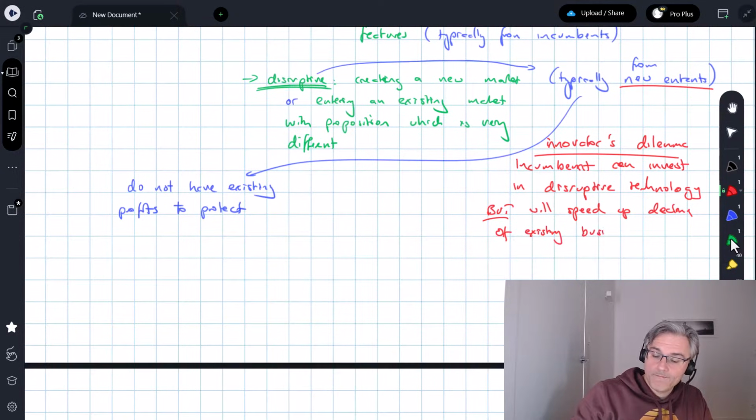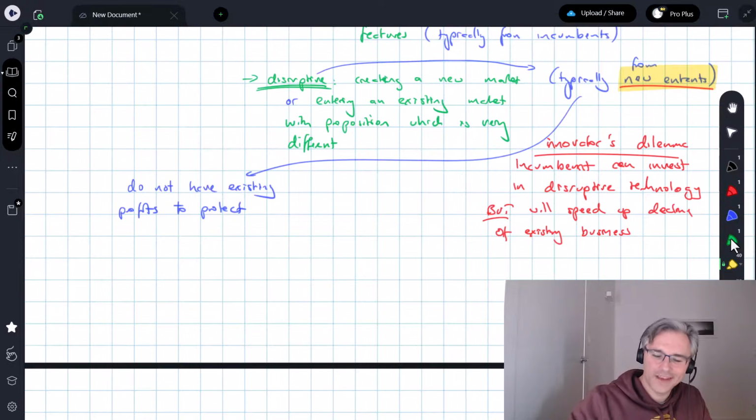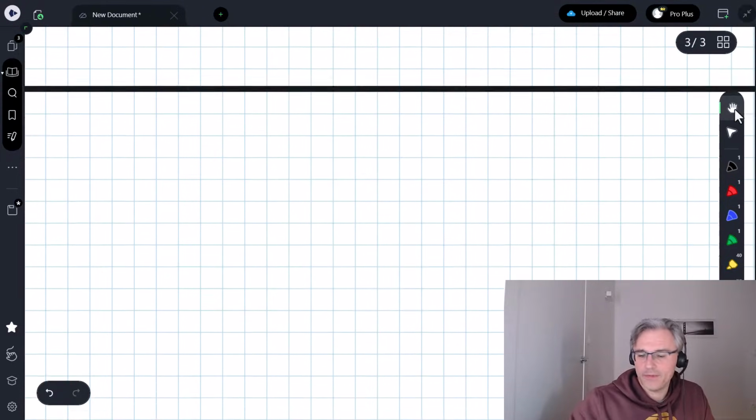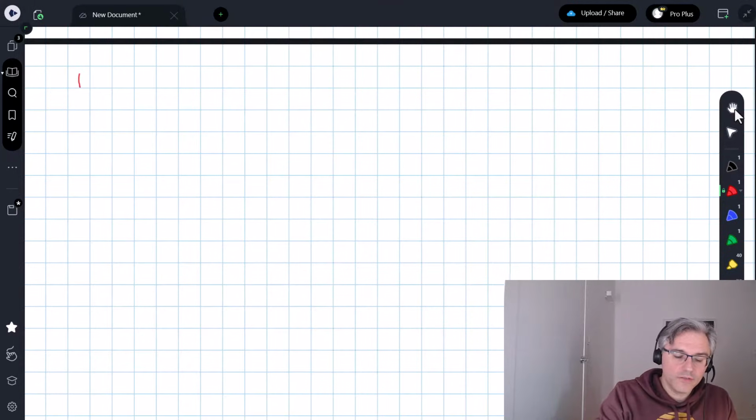So often, it's the new entrants who do that investment and reap the benefits, but also face the risk of it not going well, of this proving to be tricky.